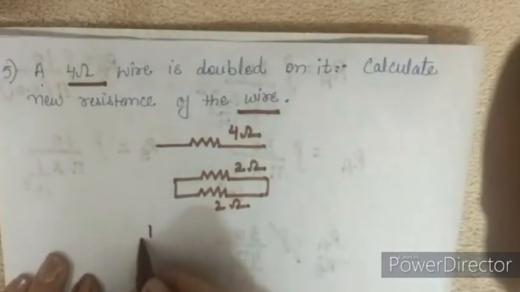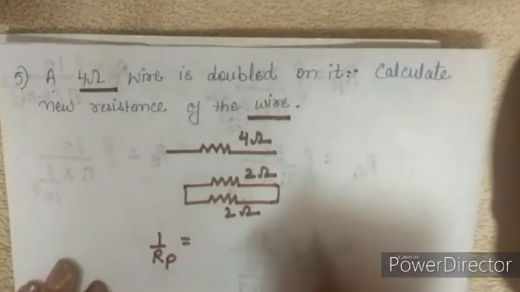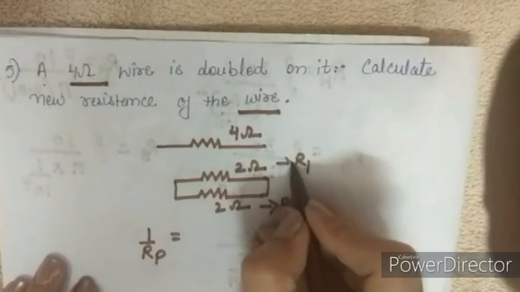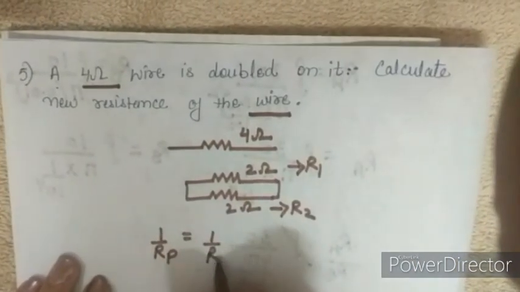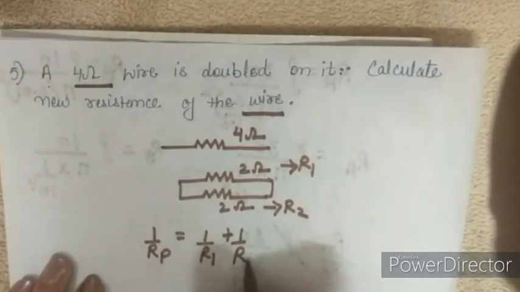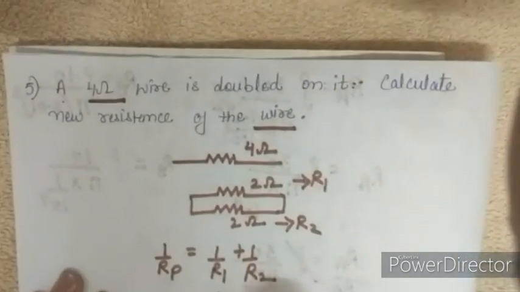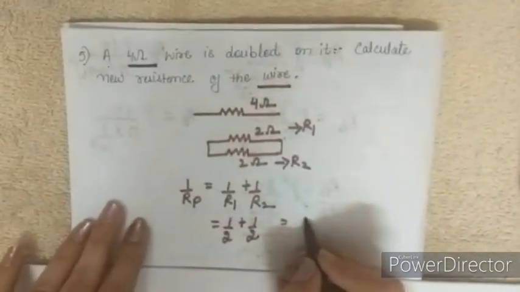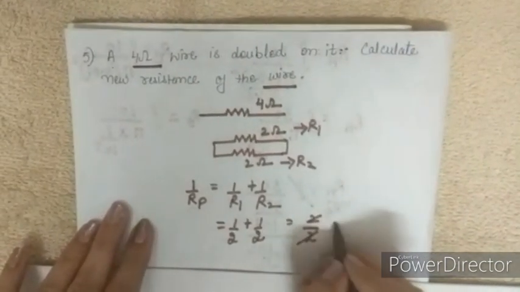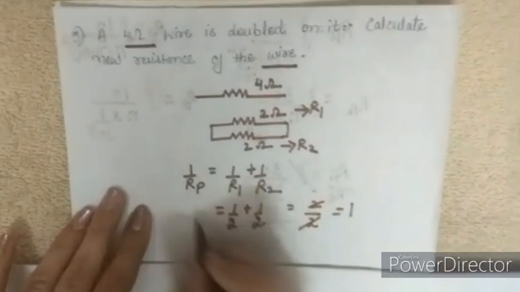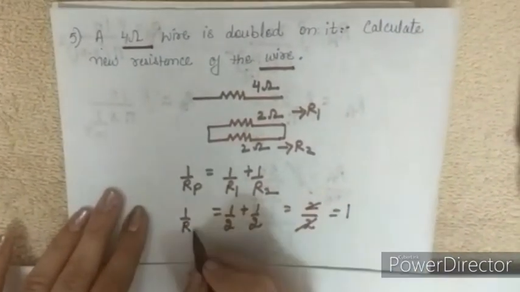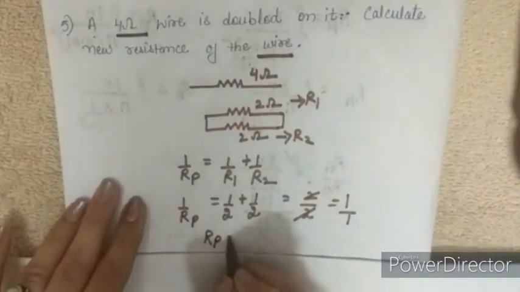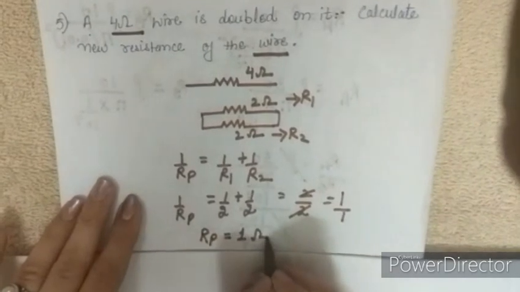So the formula for the parallel combination is, let's suppose this is R1 and this is R2, 1 upon R1 plus 1 upon R2. R1 is 2 and R2 is 2. So 2 upon 2 is equal to 1. So 1 by Rp is equal to 1 by 1.